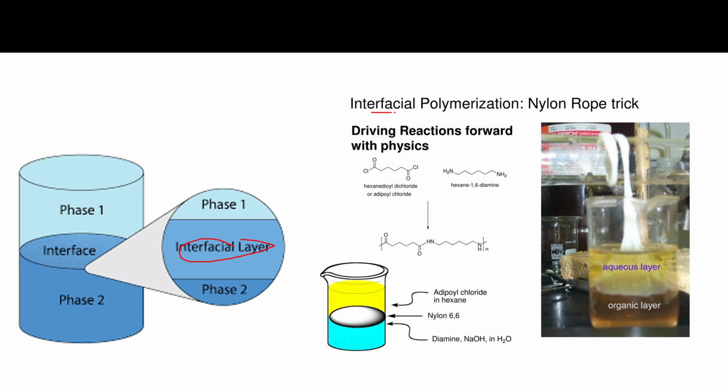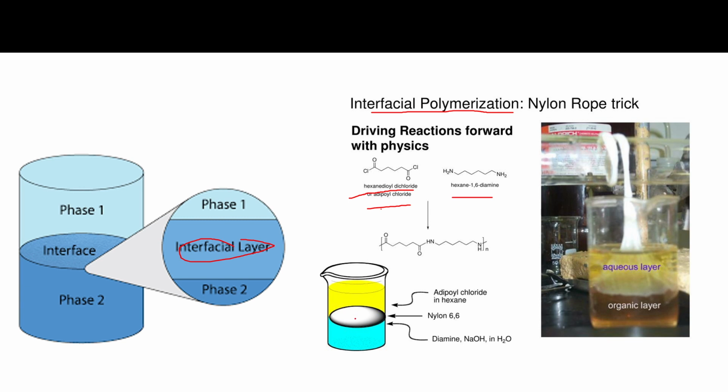Interfacial polymerization happens in nylon. For nylon 6,6 we are taking adipoyl chloride and hexane-1,6-diamine. So what will happen?